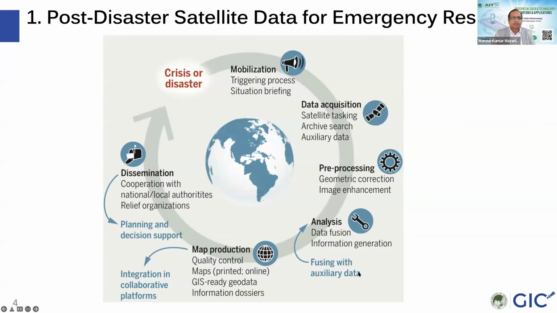First, post-disaster satellite data for emergency response. When there is a disaster or a crisis, particularly for satellite data, there are two kinds of organizations or initiatives, I would say.